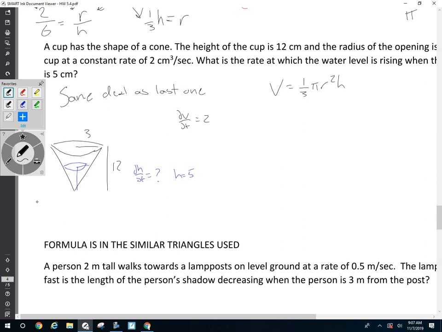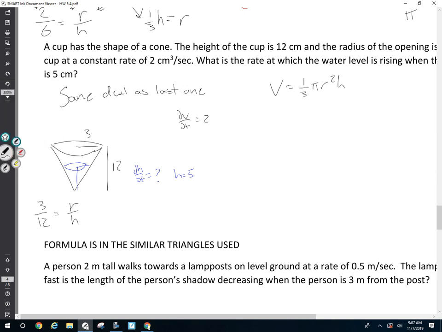So 3 over 12, that's the ratio of the side lengths of the cup. And then r over h is for the water. Again, I'm trying to find dh/dt, so I need r equals h's. I'm going to replace r with h's. I'll get 1/4 h is equal to r. This is fixed. Plug that in.